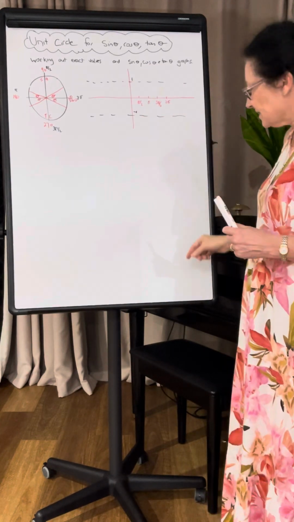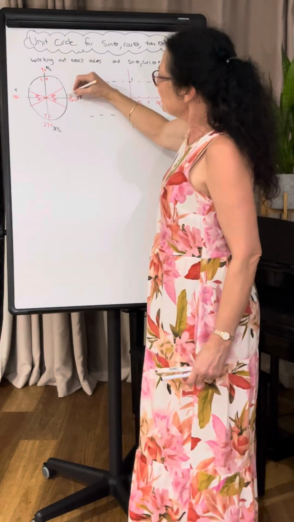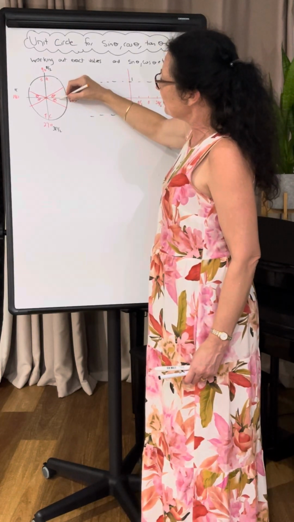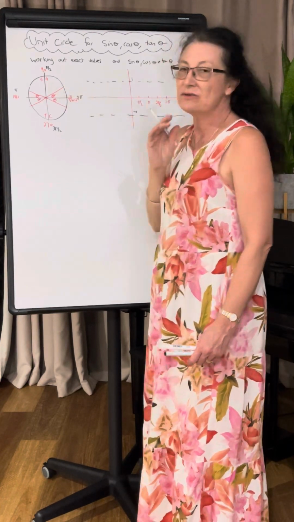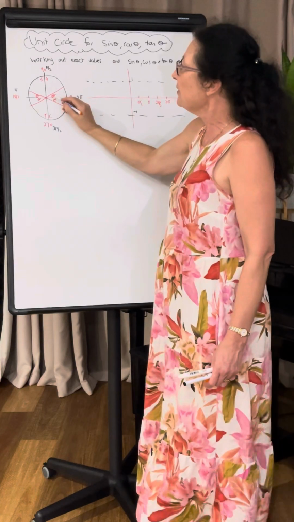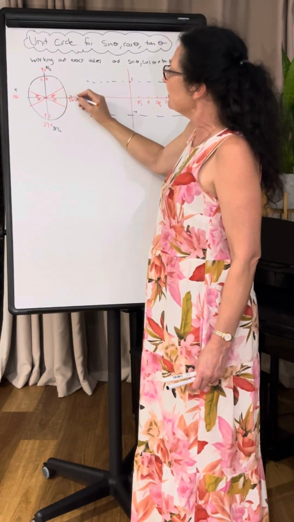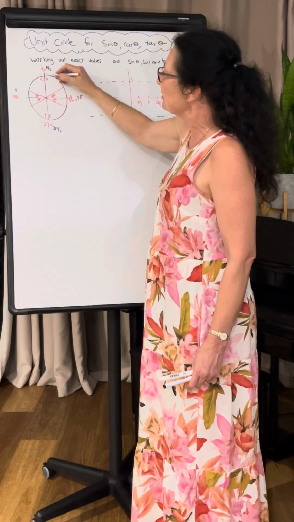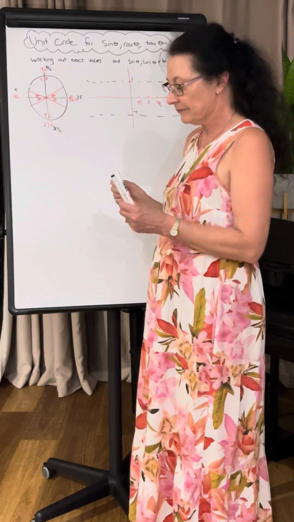Now if we go back to have a look at the unit circle, this is 1 and 1 because it has a radius of 1, and if it was on the Cartesian plane, this will be 1, this will be 1, minus 1 and minus 1.